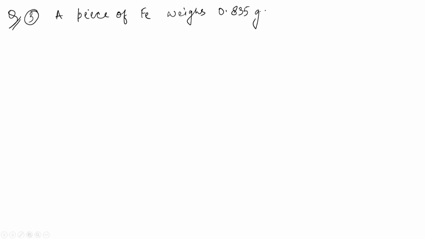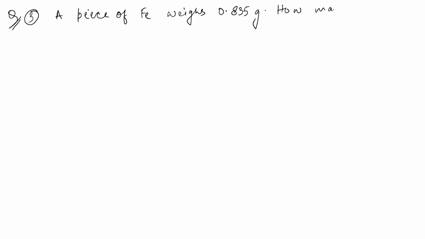So let's do another example. A piece of iron weighs 0.835 grams.